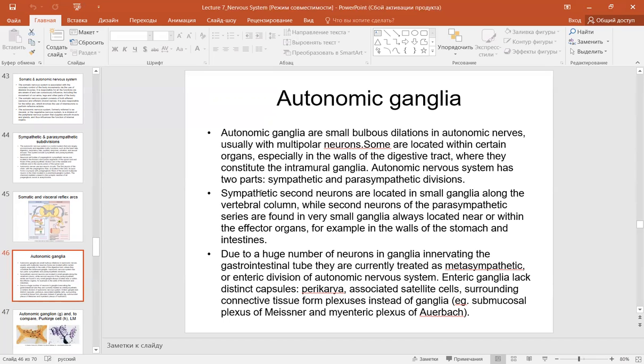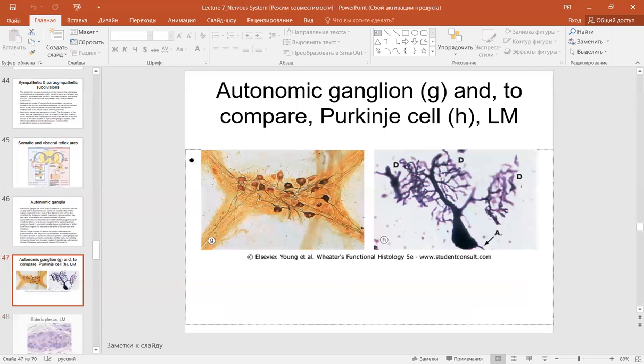It is noteworthy to remember that there are specific cells responsible for peristaltic contraction, the so-called interstitial cells of Cajal, which are treated as the pacemaker cells of the peristaltic movements of the gastrointestinal tube.